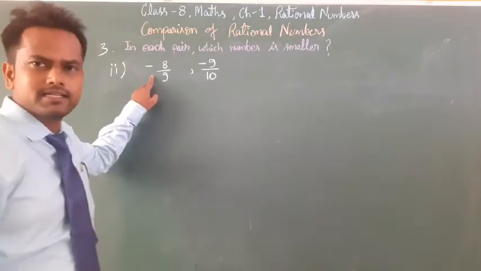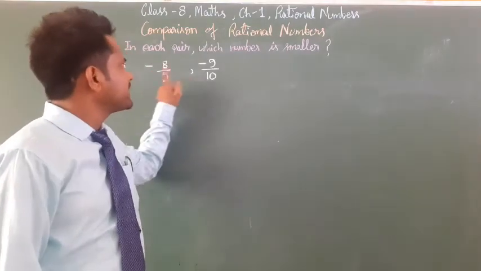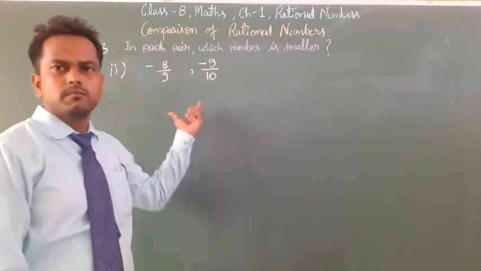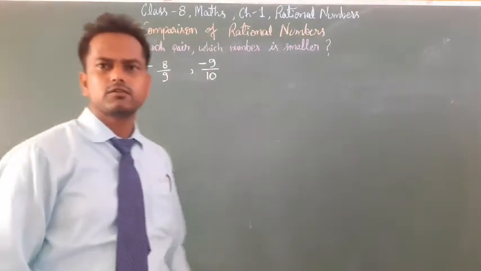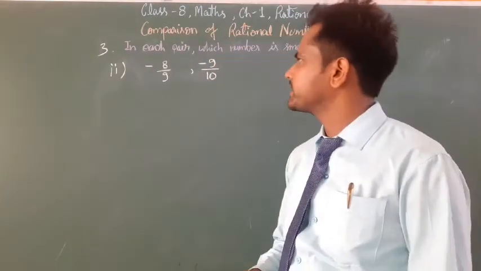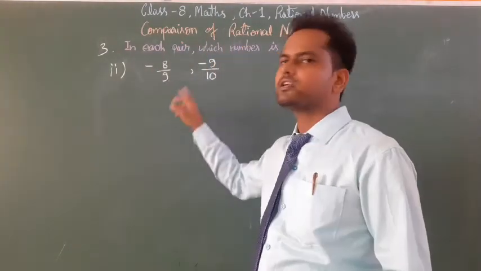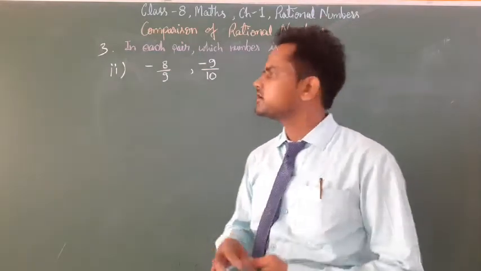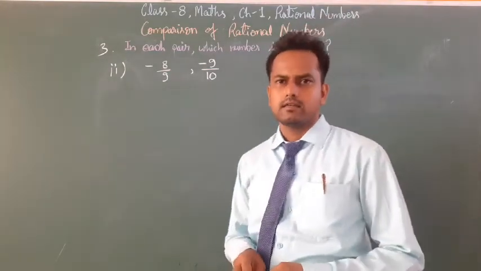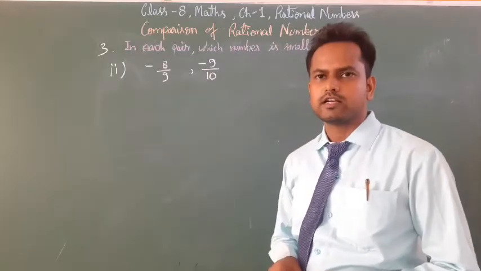Now the second part is minus 8 by 9, minus 9 by 10. Both rational numbers are negative. So it is very difficult to tell which rational number is greater, because the denominators of both fractions are different. So it is very difficult to tell which one is greater or smaller. Got it?